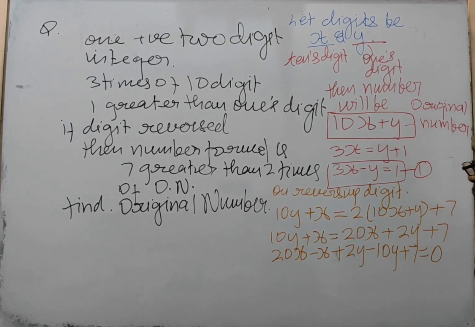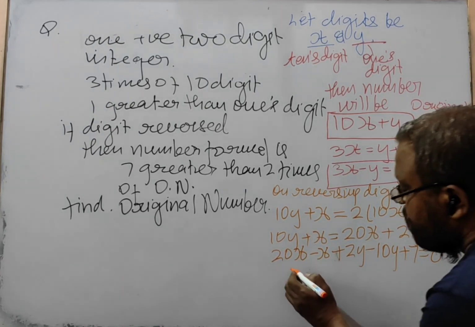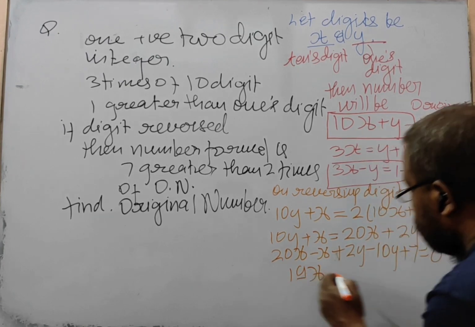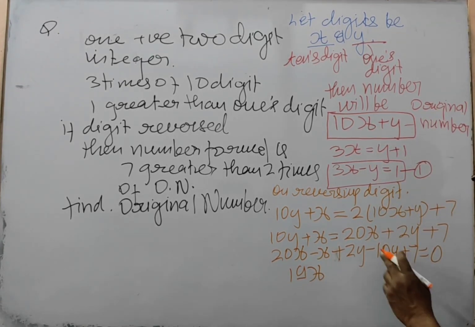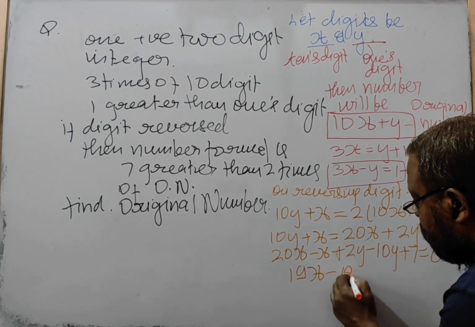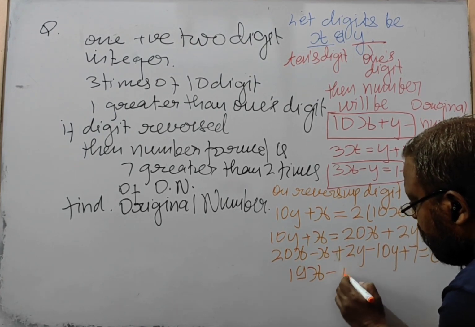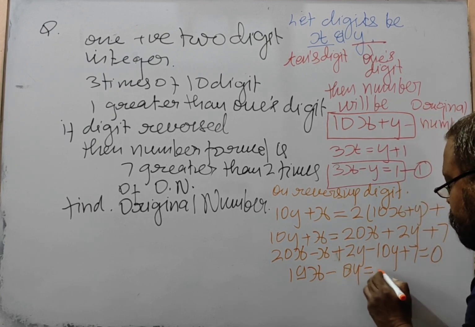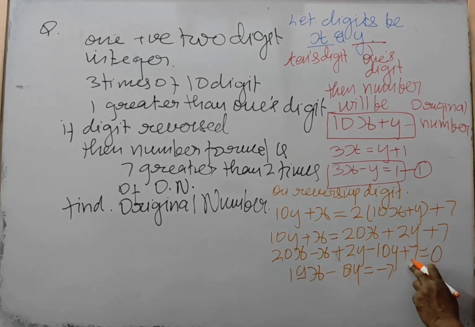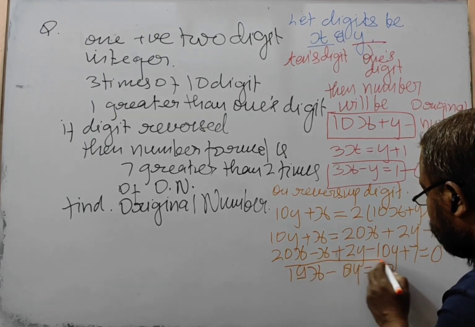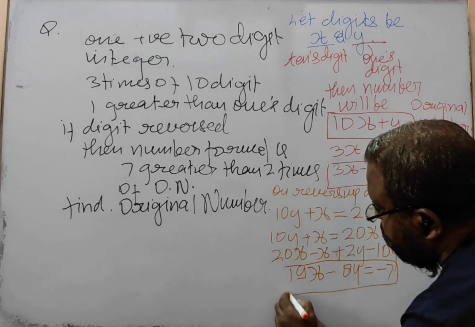When we solve this, 20x minus x becomes 19x, and minus 10y plus 2y is equal to minus 8y, is equal to minus 7. I bring this 7 to the other side. So this is our second equation, right?